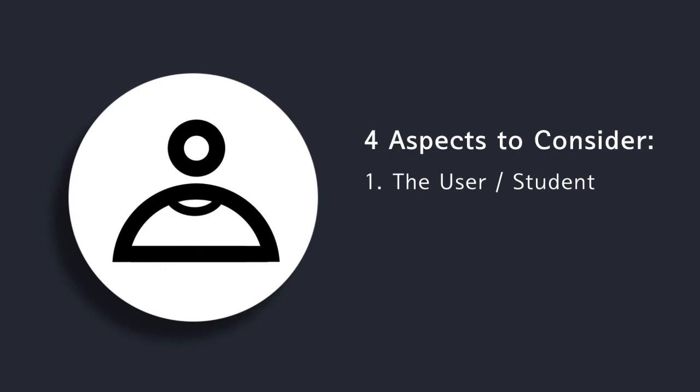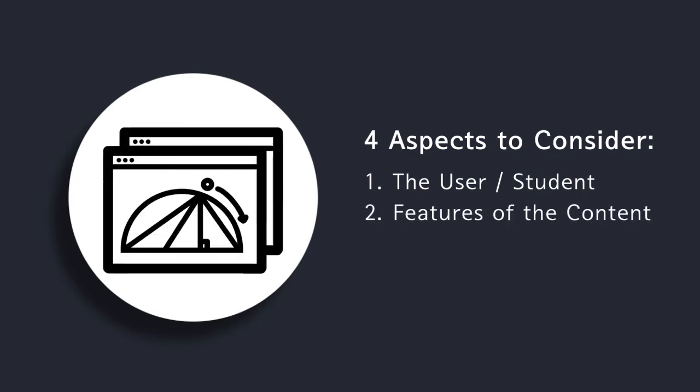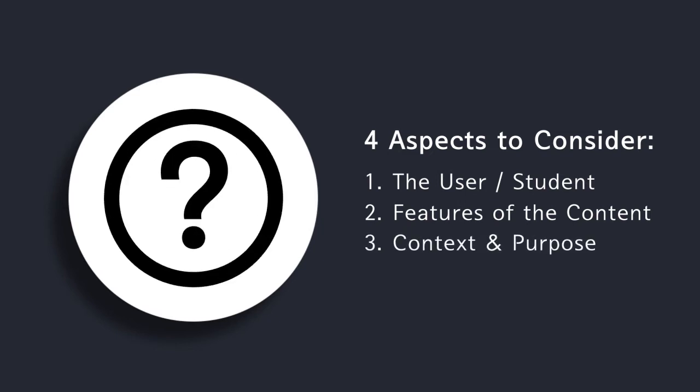The other aspect is the features of the content to be displayed. Is it finite or infinite? Is it graphical or symbolic? The other aspect is the context of use. Is it used to introduce a concept, introduce an application, or invite students for investigation?